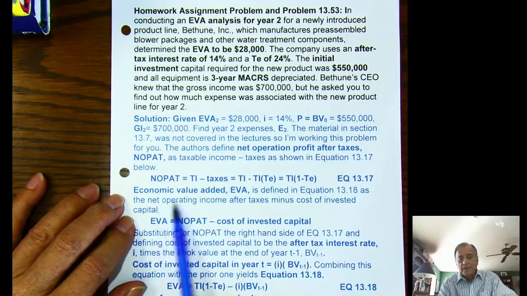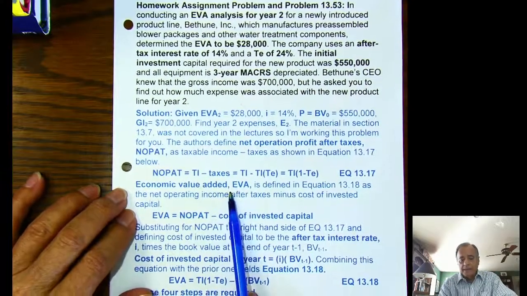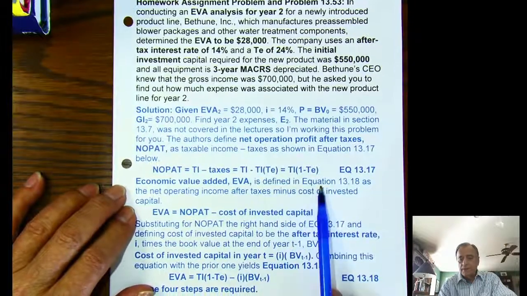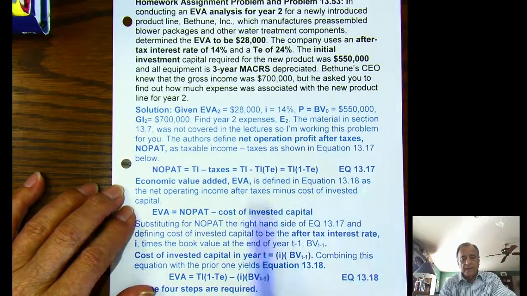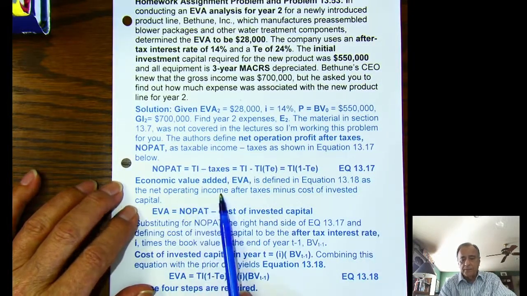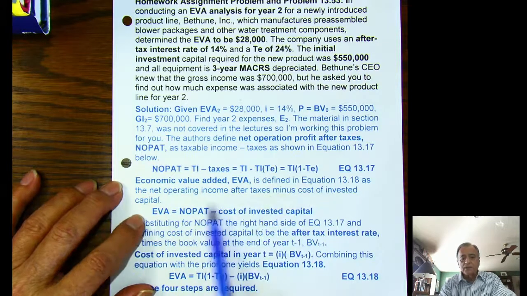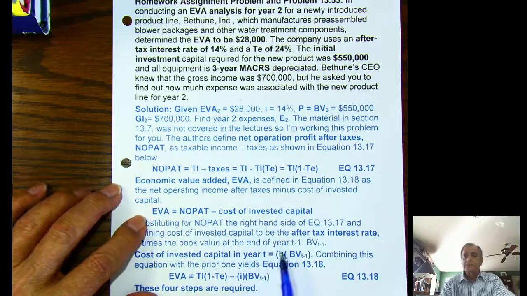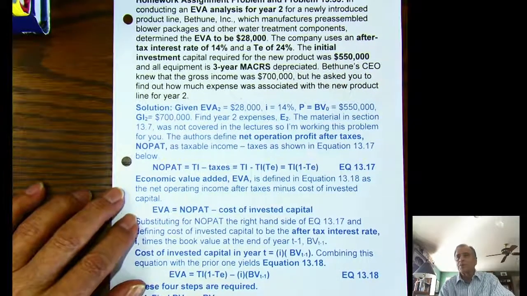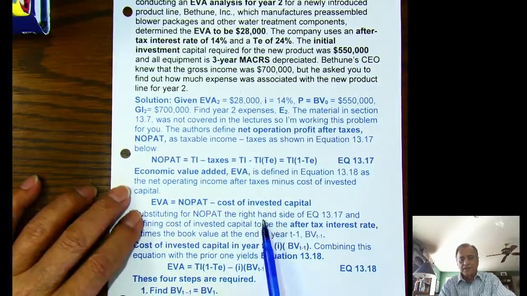The economic value added, EVA, is defined by equation 13.18 as the net operating income after taxes, that's this thing, minus the cost of invested capital. Well, that's another term we haven't used before. What's the cost of invested capital?